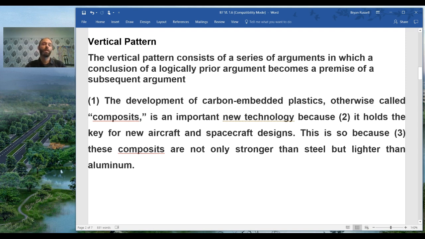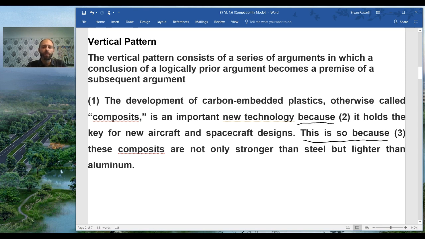So again, what we need to do is determine the ultimate conclusion, and we can use indicator words to try to help us along the way. We see some indicator words here. We see because, and this is so because. So the word because is a premise indicator, and then this is so because, that will be another premise indicator.